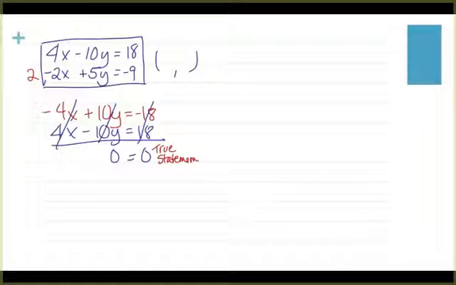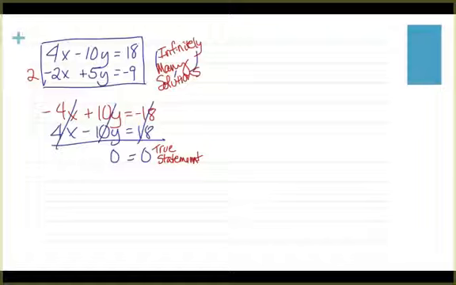If I have a true statement, then it's infinitely many. Those are the same equations. If I put them in slope-intercept form, it would be exactly the same thing. So any point that's on one line is on the other. Anything that's a solution to one is a solution to the other. They're the same line. If I graphed one and graphed the other, one would be right on top of the other.